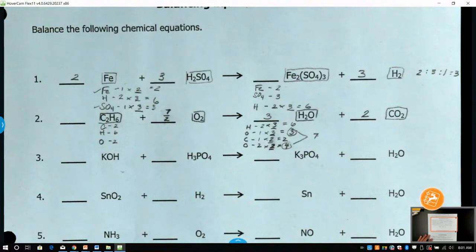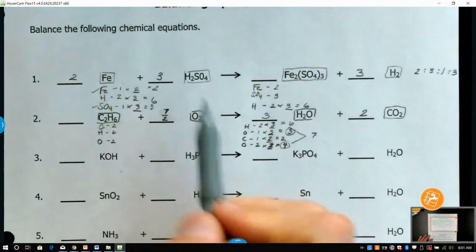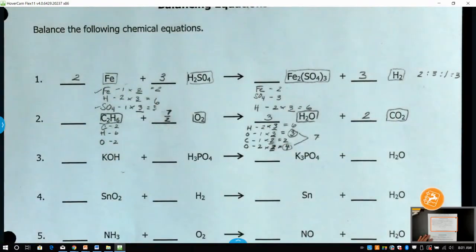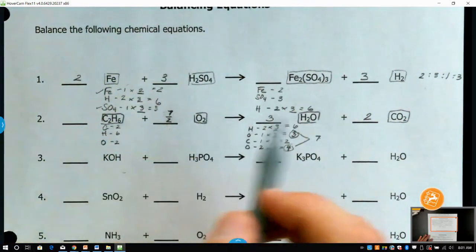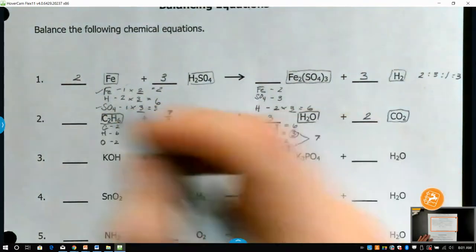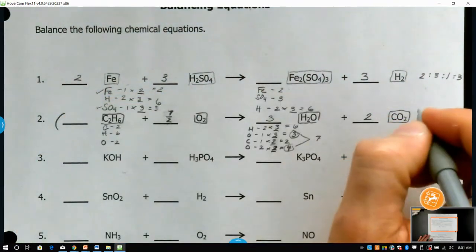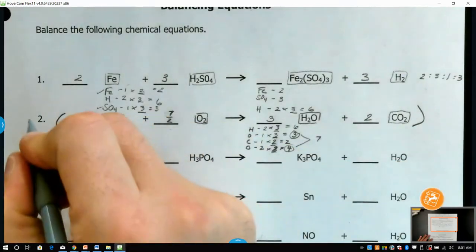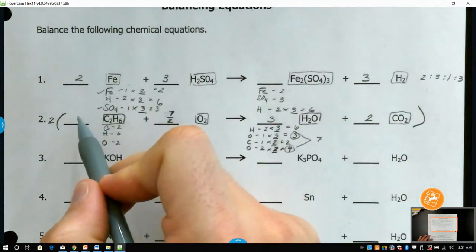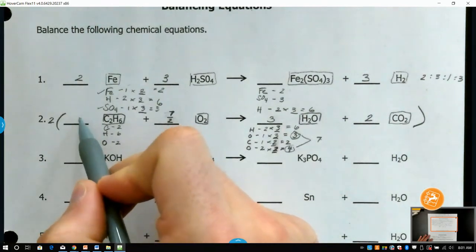And then you would have to keep playing around and changing these coefficients, and it becomes extra work. So the way to avoid all that is when you get this odd number, you write it like a fraction and then multiply the whole thing by 2. So if this is a 1, what would this become?